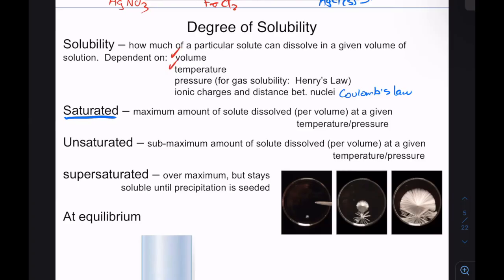Solids tend to have higher solubility at higher temperatures. Okay? The pressure is going to have an effect as well. I don't need to talk about all these things.